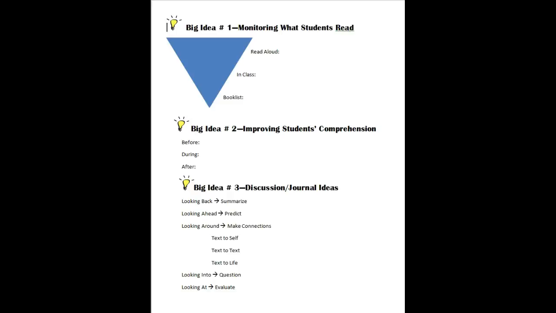That would be text to self connection, or T-T, text to text. T-W, that's a text to world connection. All right, and it says once students understand how to make connections, they may prefer just to use the letter C for a connection. I think T-T, T-S, T-W is probably a better way to do it, but anyway, regardless, that was something that I thought might be helpful because it gives more guidelines than just what I have here.